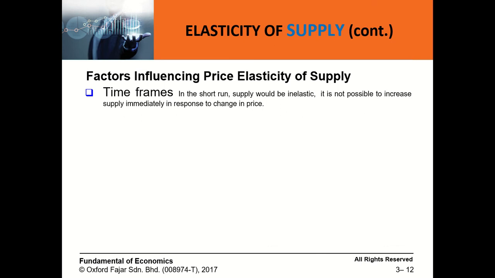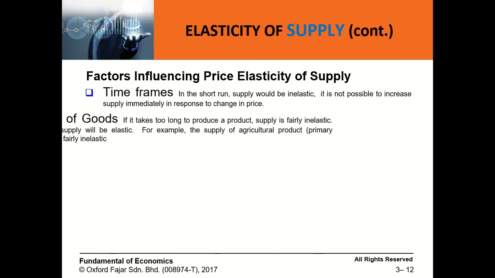But here the quantity increases by a small percentage because you don't have time to adjust your production. But in the long run, when you see the price increase, you can easily increase the quantity, meaning that it is elastic. Why? Because you have more time to adjust your supply.